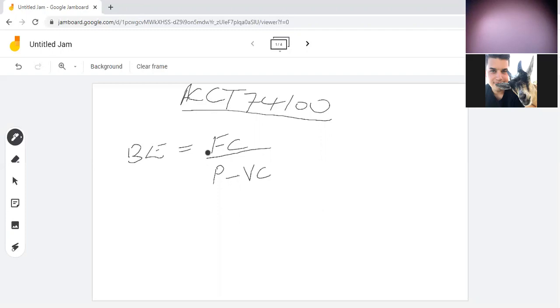So with regards to an example, we know fixed cost would be 80,000. And contribution margin would be $20 minus $15, which is the variable cost per unit.